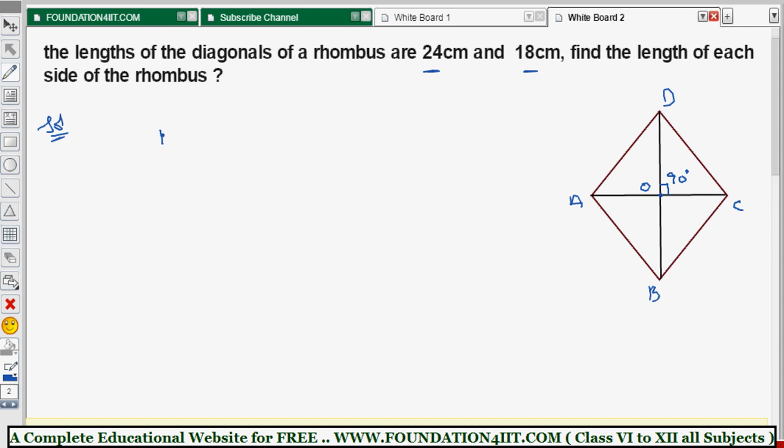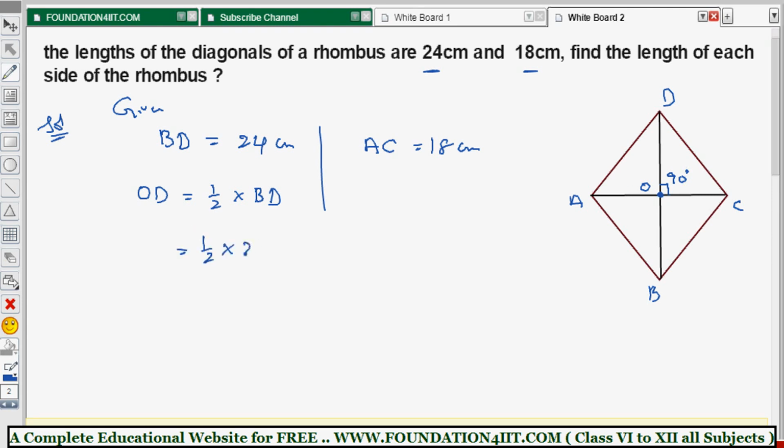In this question, BD is equal to 24 centimeters, and AC is equal to 18 centimeters. BD is nothing but BO plus OD, right? So OD is half of BD, because O is the midpoint of the diagonal, the center point where the diagonals intersect.